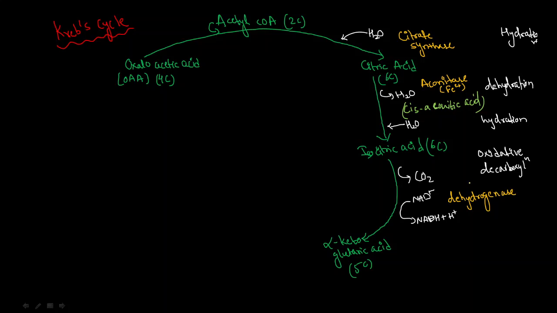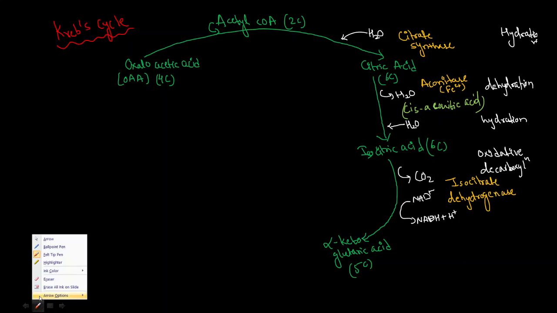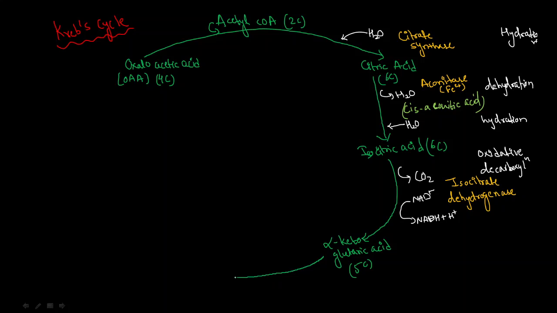And since the hydrogen is being removed from isocitric acid, it is isocitrate dehydrogenase enzyme, and we are left with alpha ketoglutaric acid, which is a 5-carbon compound. Now again, this 5-carbon compound, alpha ketoglutaric acid, will undergo the next set of reactions. So let me write it here.